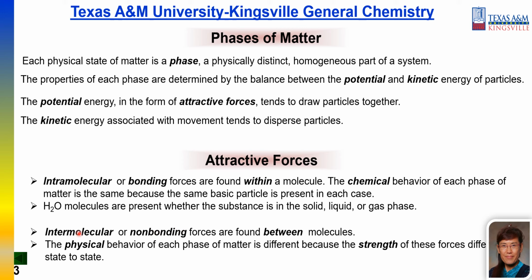And the intermolecular forces are also known as non-bonding forces. These intermolecular forces can be found between molecules. Usually, the physical behavior of each phase of matter is different because the strengths of these intermolecular forces are different from state to state.